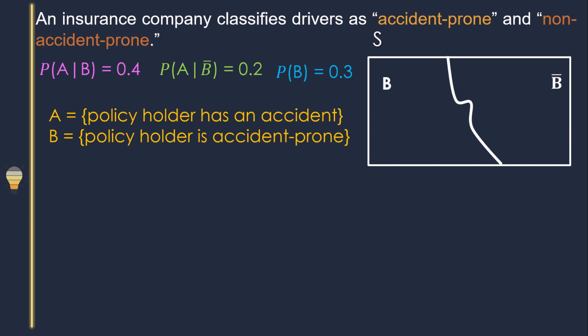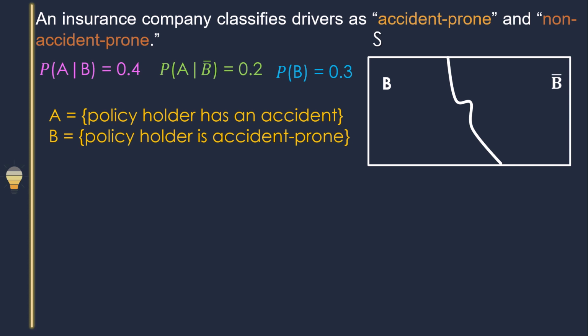Right. Now think about A. How do we show event A in this Venn diagram? A is the policyholder has an accident. It is clear there are some drivers who have an accident in group B and also in group B complement, right?